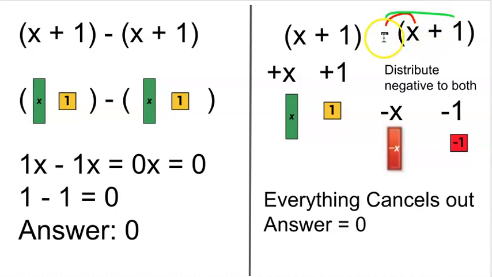So you could do it this way instead, which is what I will suggest to do eventually, which is to just rewrite the problem by distributing the negative to both, to the x and to the 1. So then it really becomes a positive x, a positive 1, and then minus an x and minus a 1. And everything would cancel out.